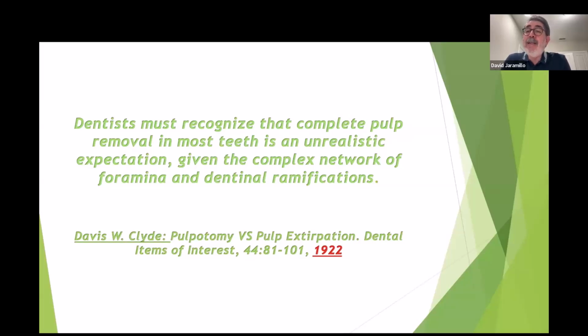So basically, we are in the same spot. The complexity of the root canal system is such that we haven't been able to find a way to properly debride the pulp tissue from all those inaccessible, difficult-to-reach areas like isthmuses, lateral canals, fins, etc.